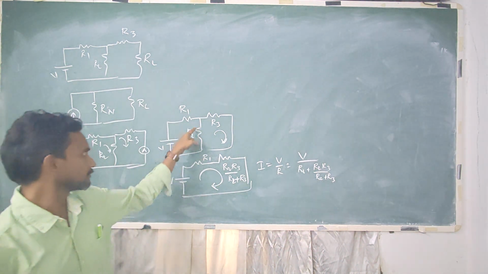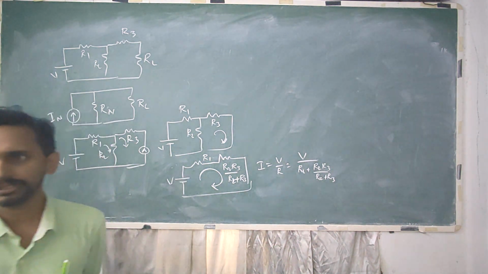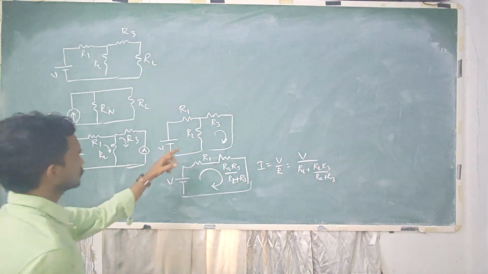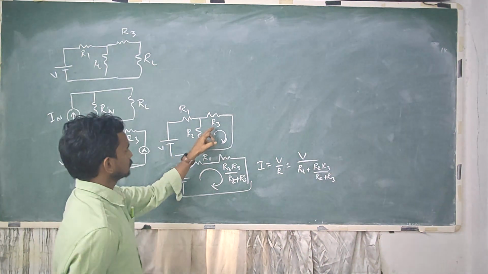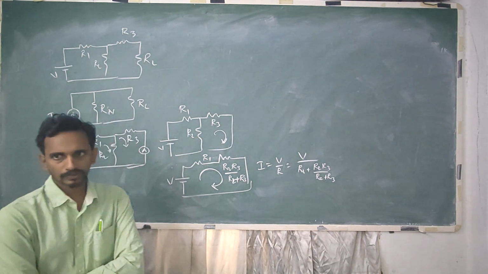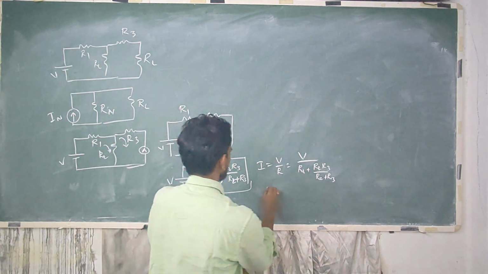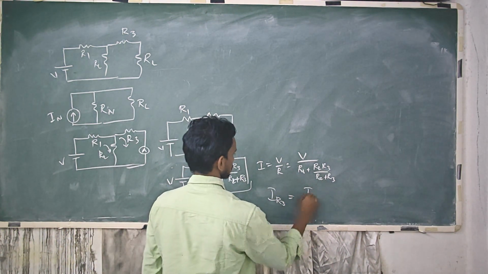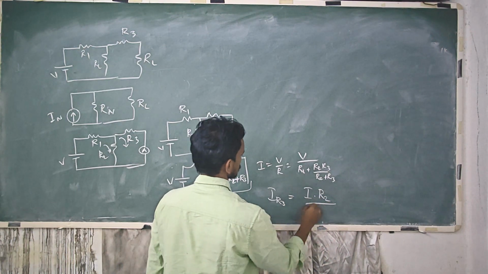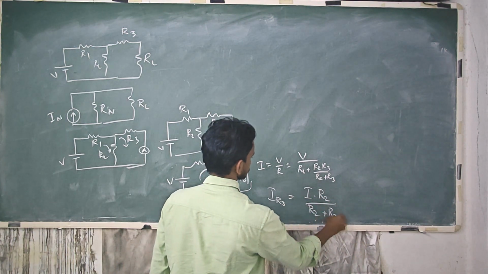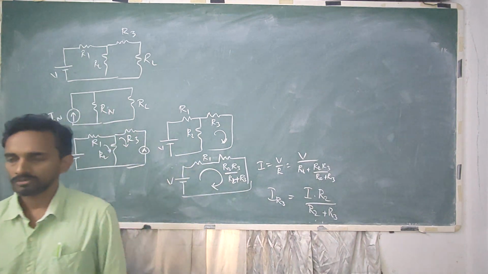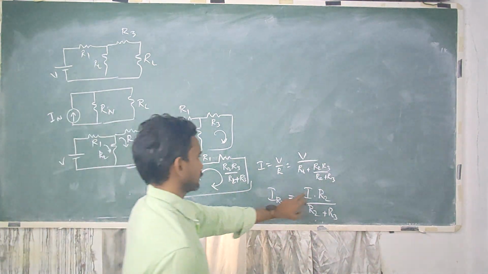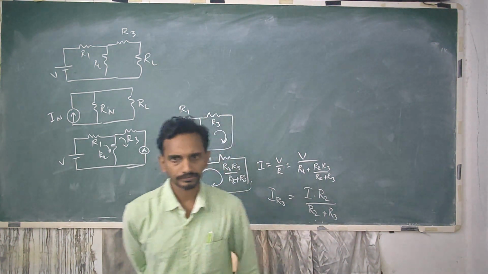The same current is divided between R2 and R3, and what we need is the current through R3. So how to get that? IR3 is given by total current multiplied by R2 over R2 plus R3. We have to use the opposite resistance. So IR3 is given by I times R2 by R2 plus R3.